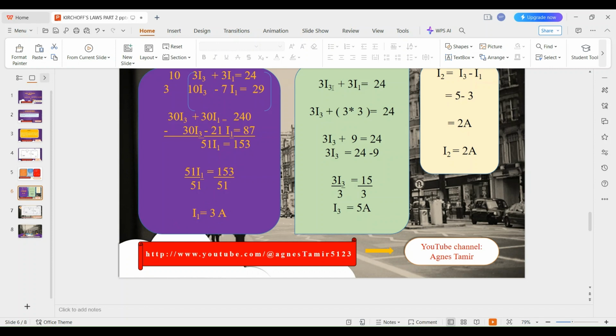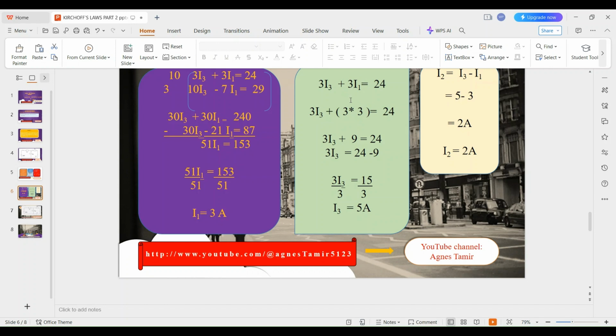So equation 2 was 3I3 plus 3I1 is equal to 24. I have seen that I1 is equal to 3 amperes. Therefore, I replace I1 with 3 amperes. So 3I3 plus 3 multiplied by 3, as we have said that I1 is equal to 3.